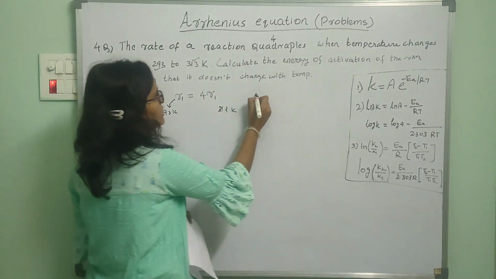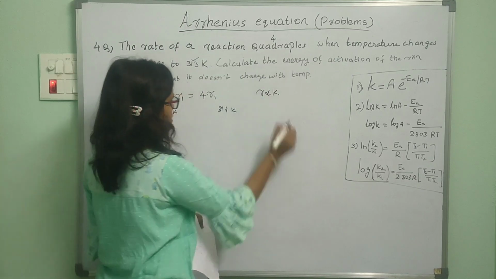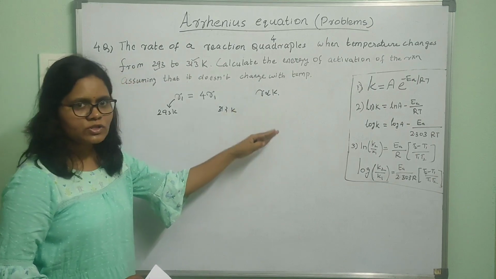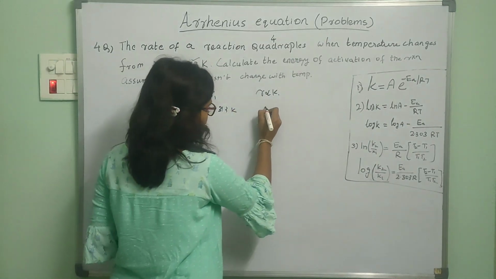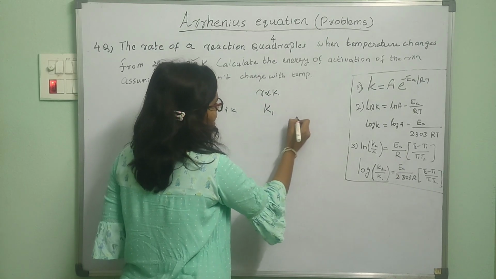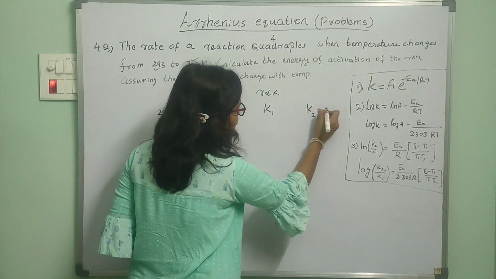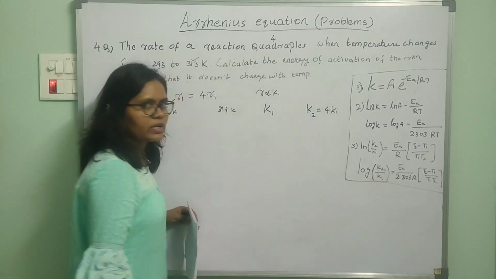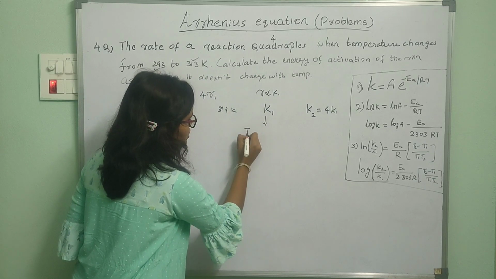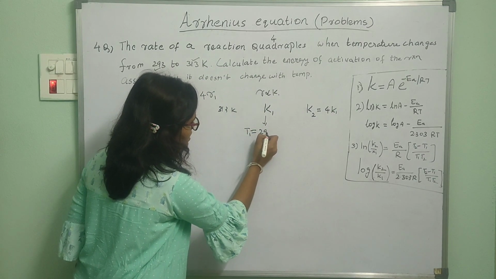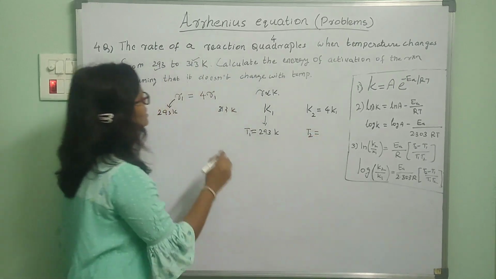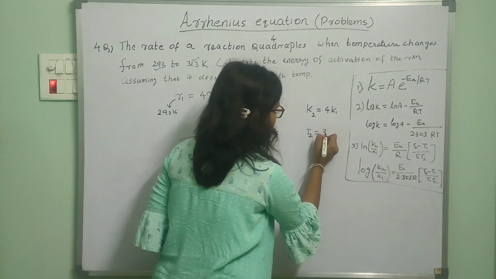So we know that rate is proportional to the rate constant. So if rate becomes 4 times, rate constant will also become 4 times of the initial rate constant. So if initial rate constant is K1, the final rate constant K2 would be 4 K1. Okay. So this is at temperature T1, which is 293. This is at temperature T2, that is 313 Kelvin.